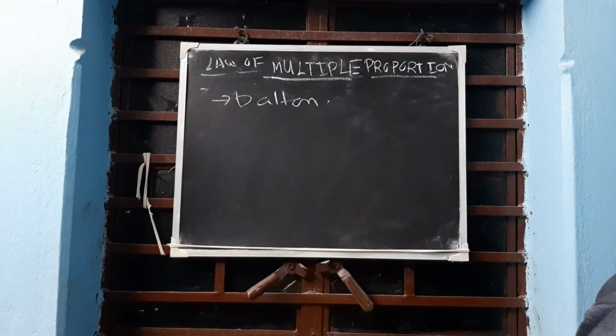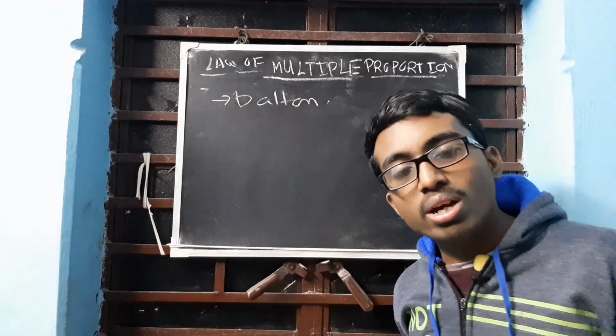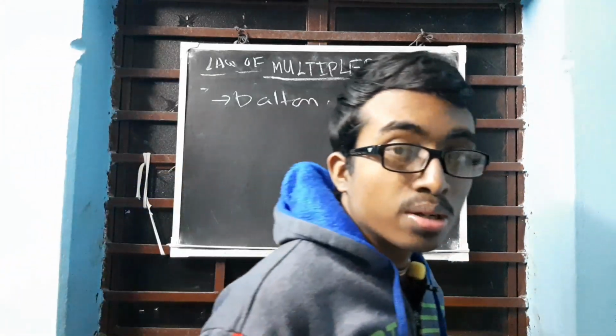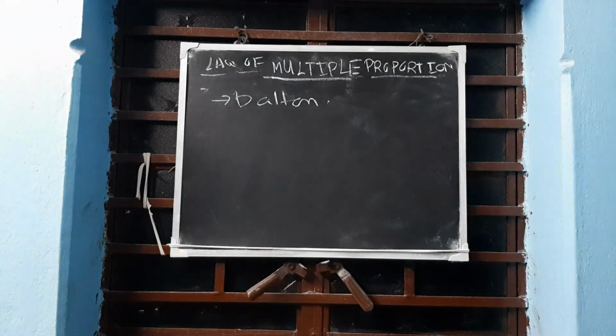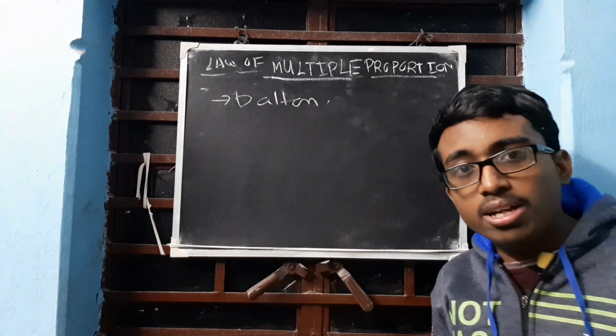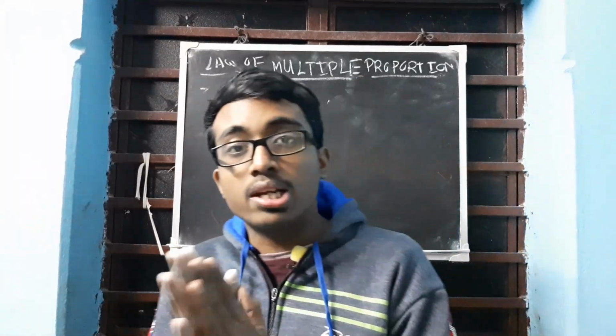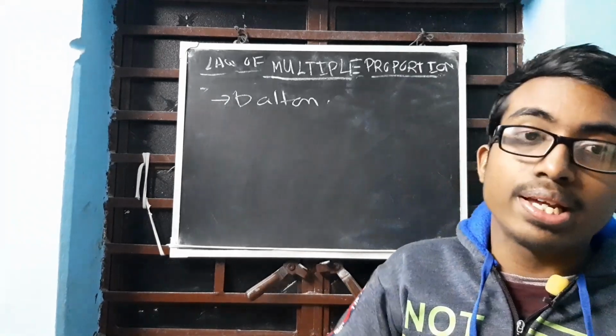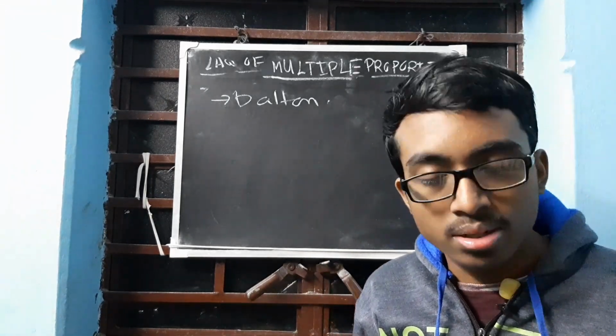He said that whenever two or more elements, not two or more, it's two elements, let's take it right now. Two elements will be combining to form more than one compound. Then the different masses of one element that will be combining with the other element's fixed mass will be in the ratio of simple whole number.